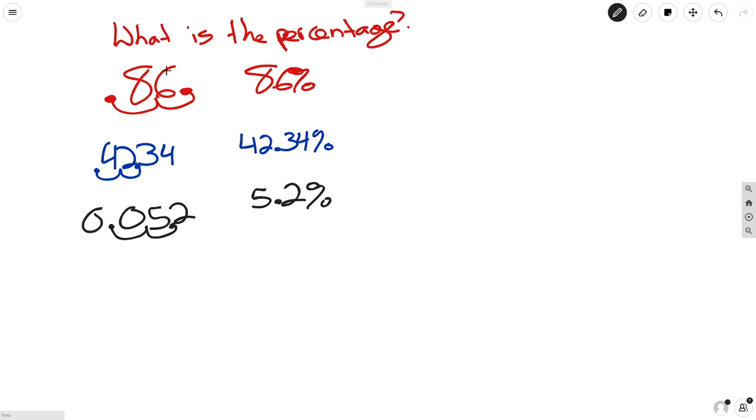What if we're given a fraction, though? How then do we make a fraction a percentage? Well, there's 1 of 2 ways we can do this. The first way is saying, hey, 25, if I multiply that by 4, I can get 100 in the denominator.